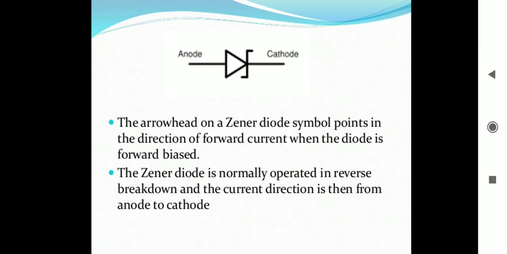This Zener breakdown voltage on the VI characteristics curve is a vertical straight line.